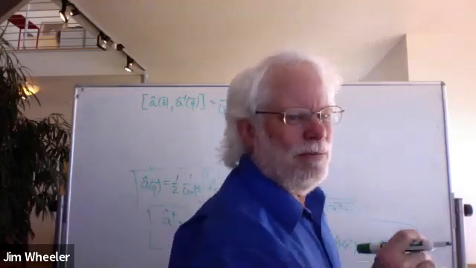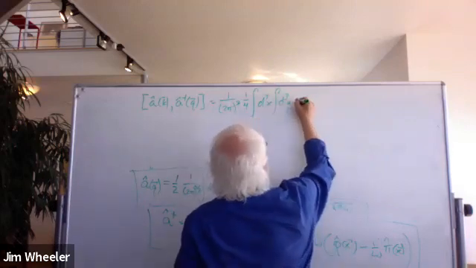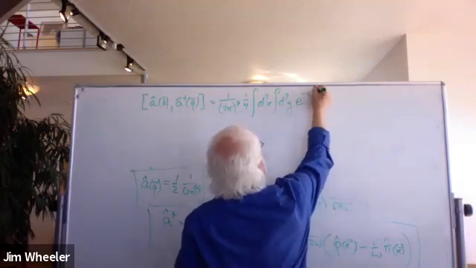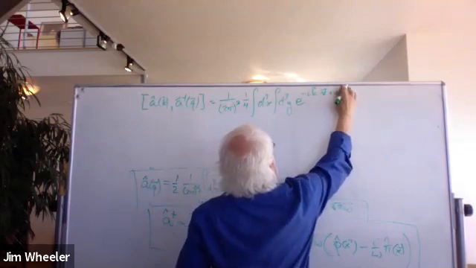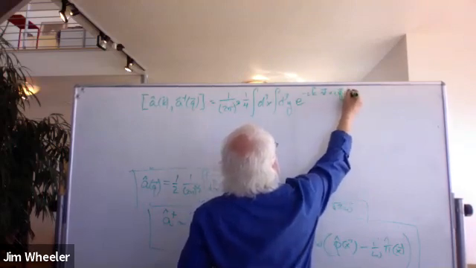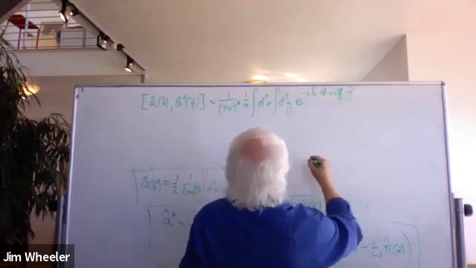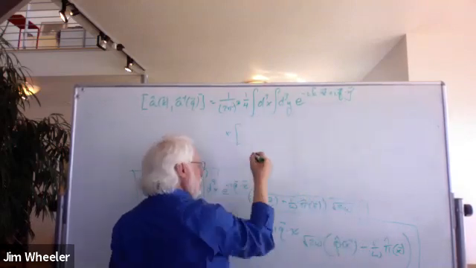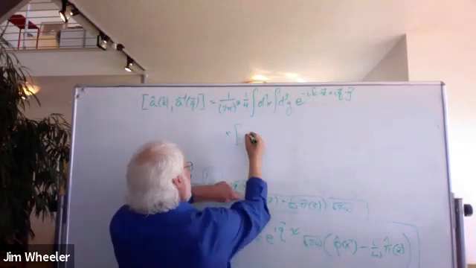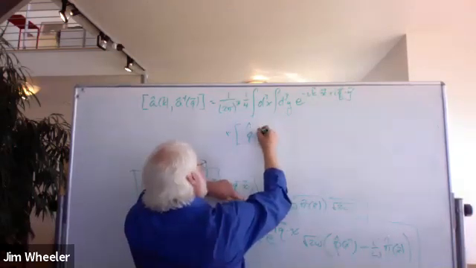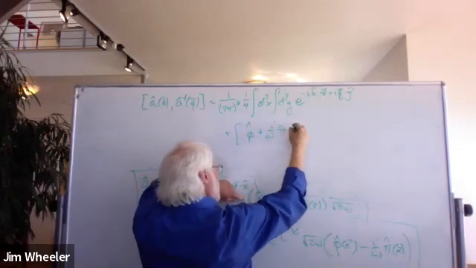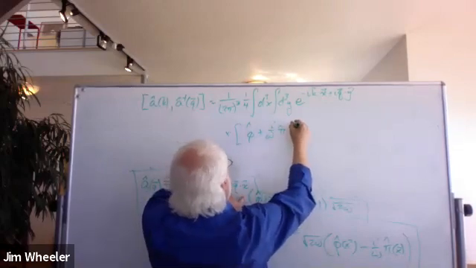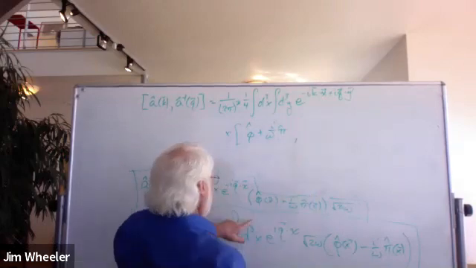Yeah, the Fourier mode is going to be e to the minus I k dot x plus I q y, times the commutator of this stuff, phi hat plus I over omega pi hat, with a root 2 omega.